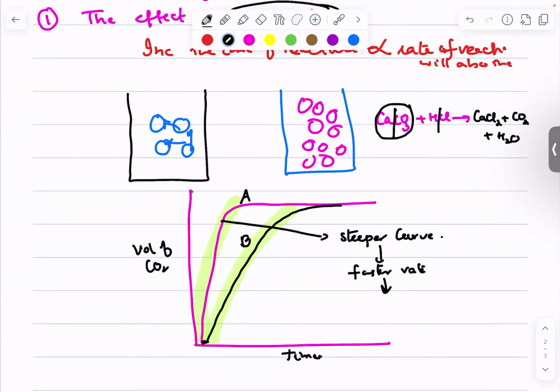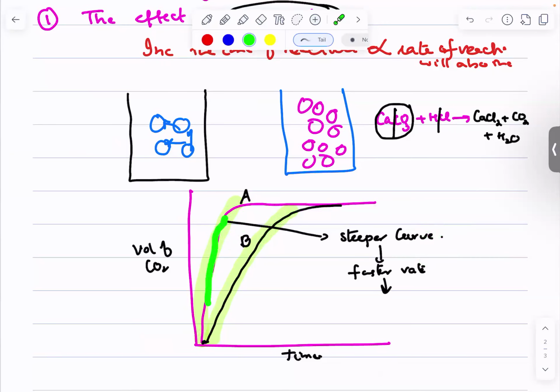Now listen, Anika, you were absolutely right when you said that curve A is steeper and that it shows a faster rate. It means that the initial volume of carbon dioxide collected will be greater or faster, although the curves meet at the end, right?